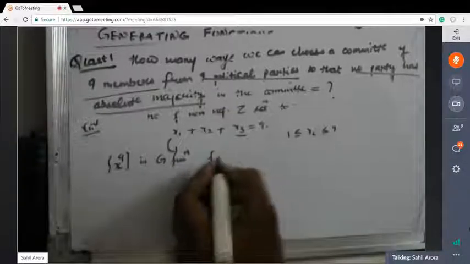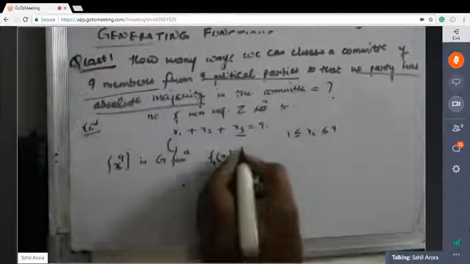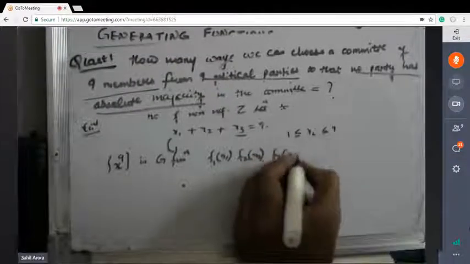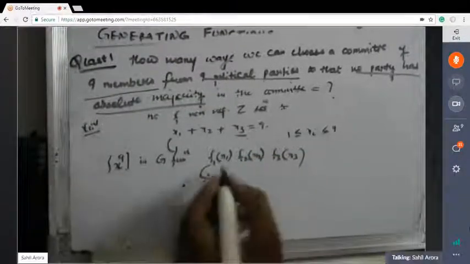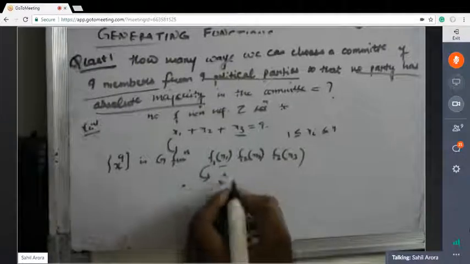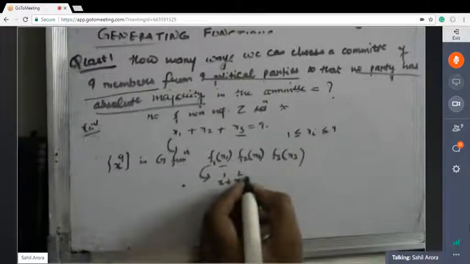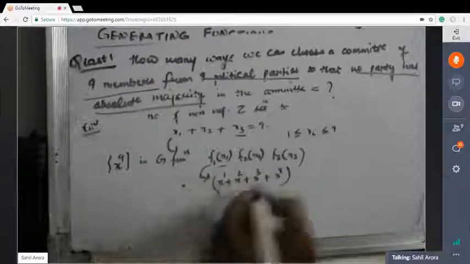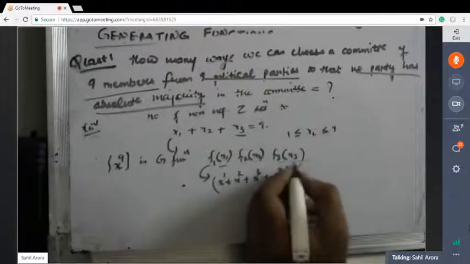which is due to x1, due to x2, and due to x3, right? Now what is f of x1? It says that x could be 1, or 2, or 3, or 4. And similarly for the other two, so I'm cubing it.